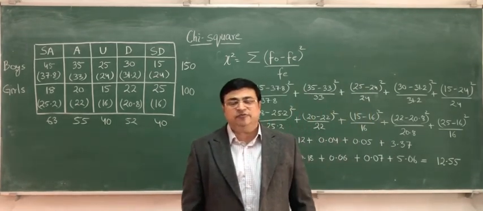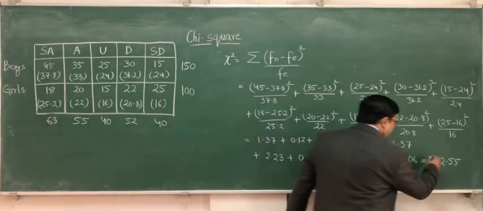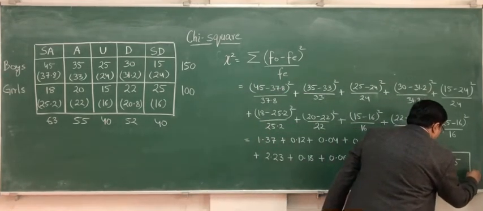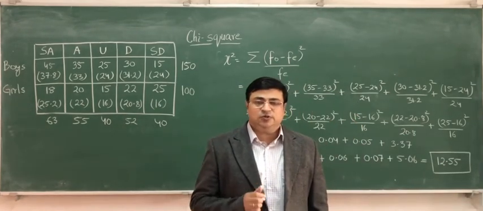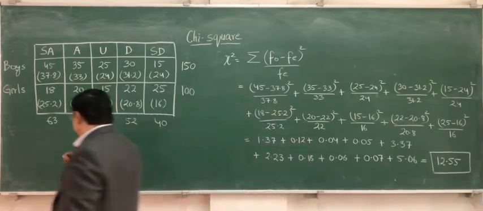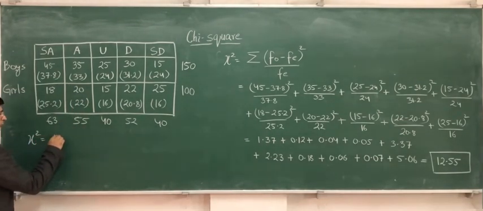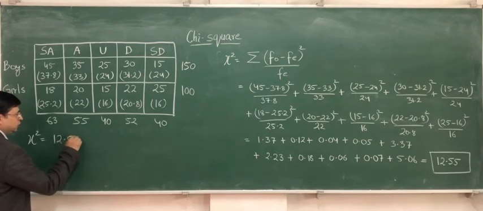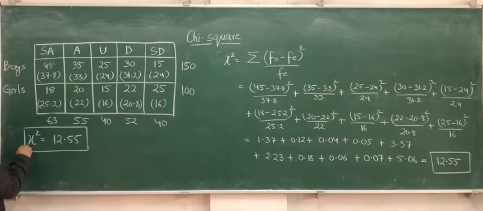So 12.55 is the chi-square value. So our calculated chi-square value is 12.55. So we can write it here.